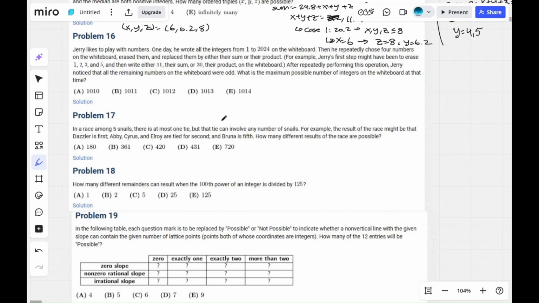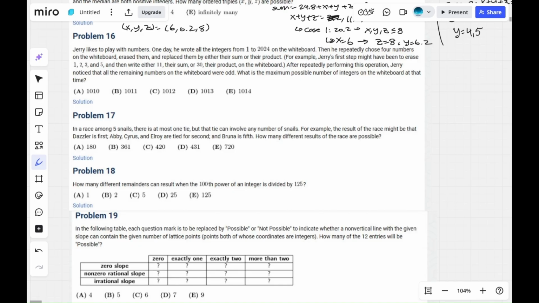And we want to have all the numbers on the whiteboard be odd, so we want to get rid of all the zeros. To do that, and to have a maximum possible number of integers remaining, we want to add or multiply groups of 4 zeros at a time.